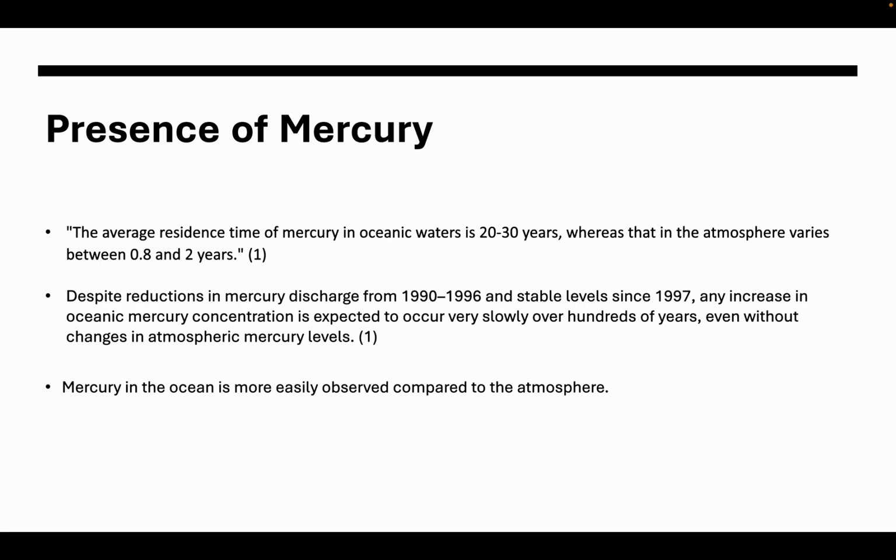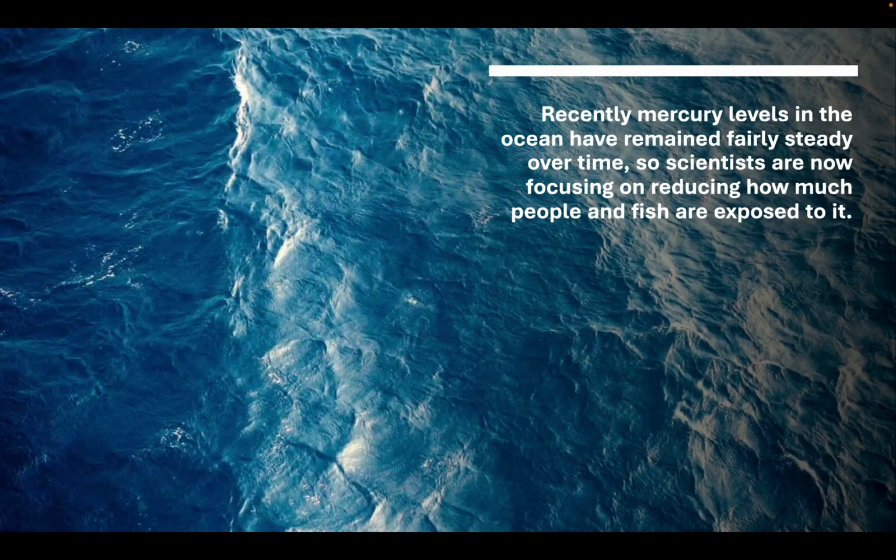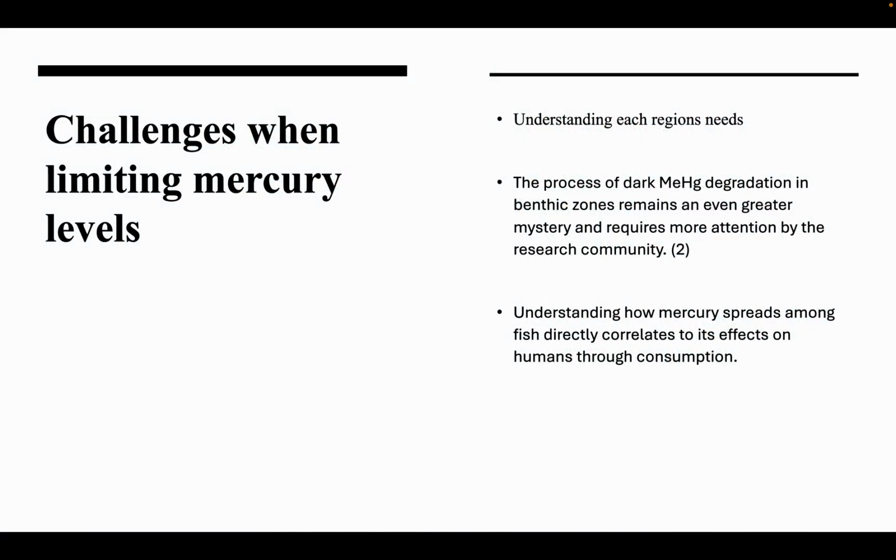Since mercury lasts so long in water, it is easier to observe and research compared to the atmosphere. Since mercury levels have remained fairly steady, scientists are currently focusing on how to reduce it in different regions for people and fish that are exposed to it.